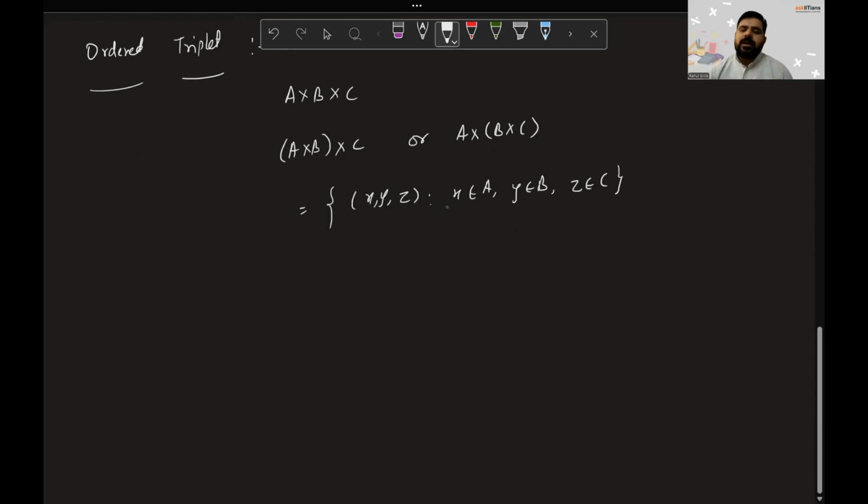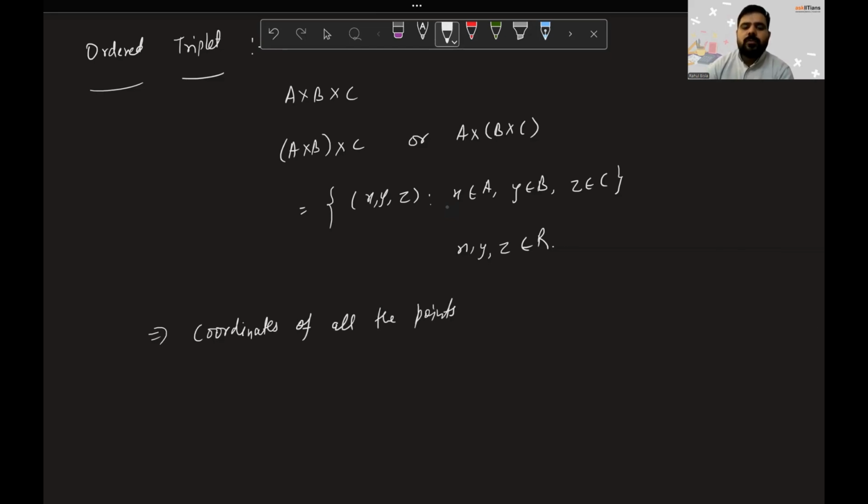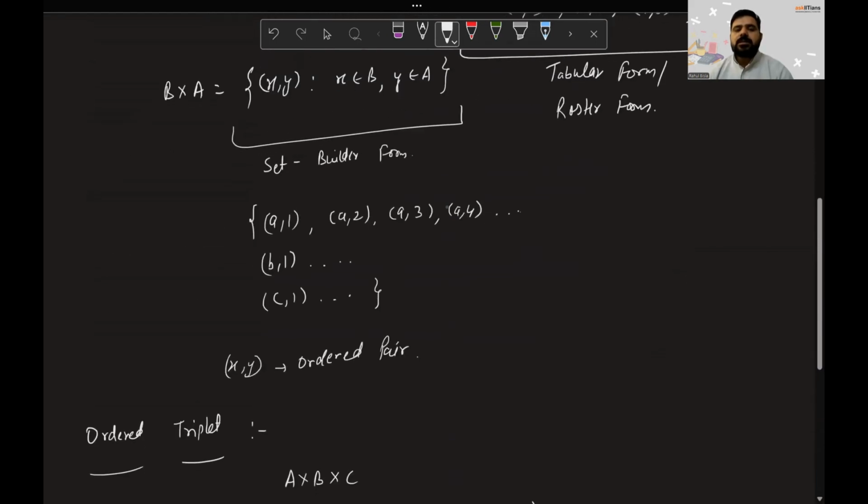If I tell you that x, y, and z belong to real numbers, can I say this will represent the coordinates of all the points in the 3D plane? So this is what these x comma y comma z will be representing.